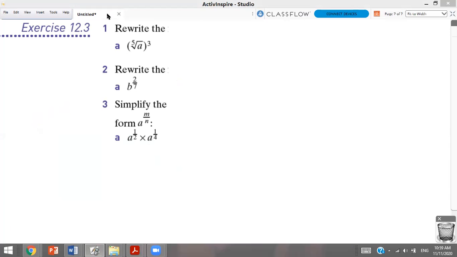Now you can see your exercise here. Exercise 12.3. It's the same page, 123 or 124. Okay, some books 123 or 124, all of you.